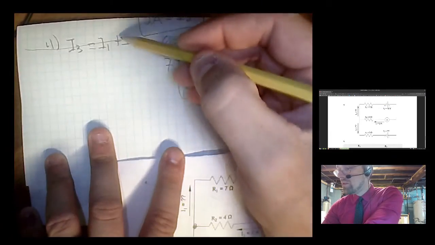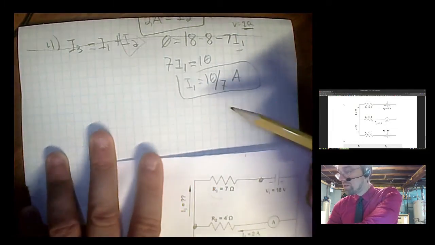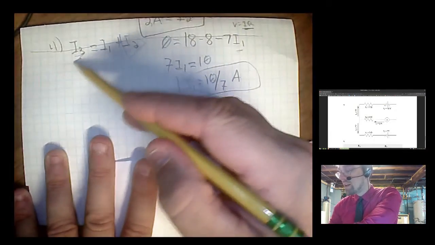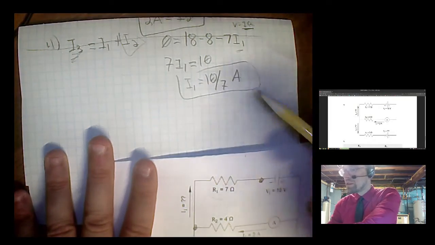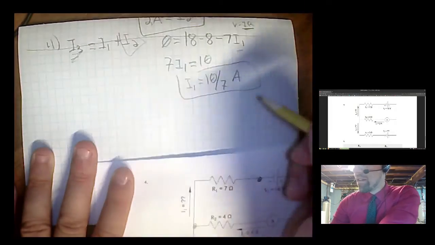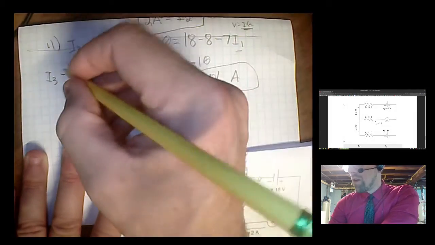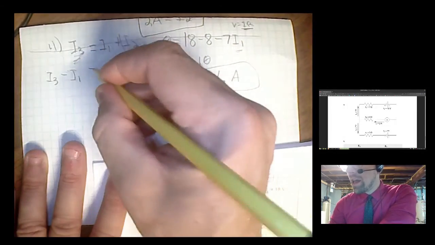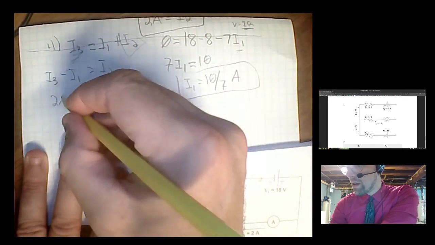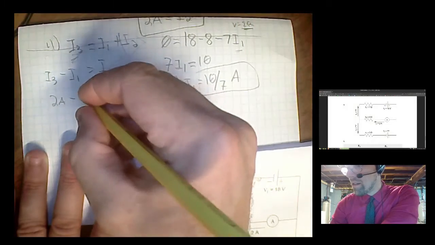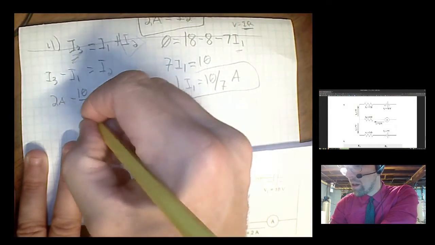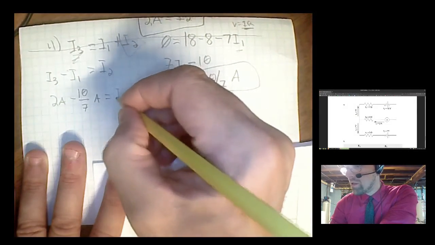I3 is already known, it is 2 amps. So we can already solve this. I3 minus our known I1 equals the unknown I2. I3 is 2 amps minus my 10/7 of an amp equals I2.